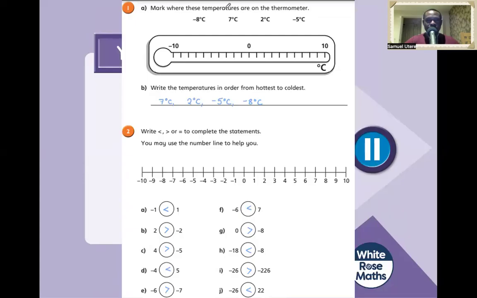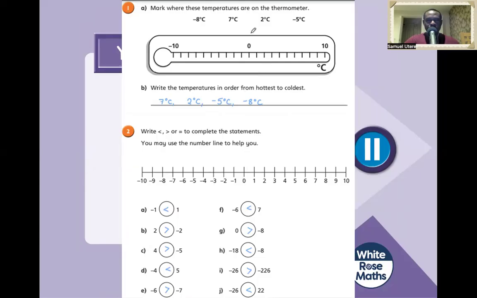Here you're asked to mark where these temperatures are on the thermometer. You can see that's negative 10. To mark negative 8, you can see we have 1, 2, 3, 4, 5, 6, 7, 8, 9, 10.